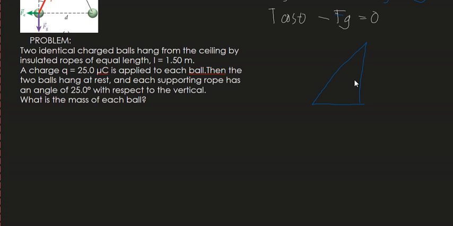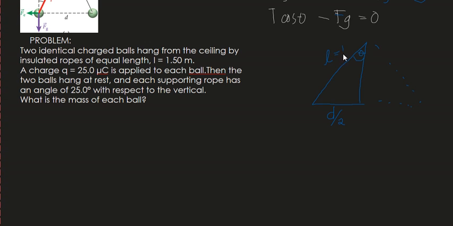Take note, our theta is here. Since up to here is our d, this is equal to d all over 2. And this is the length of the rope, or our L, which is 1.5.